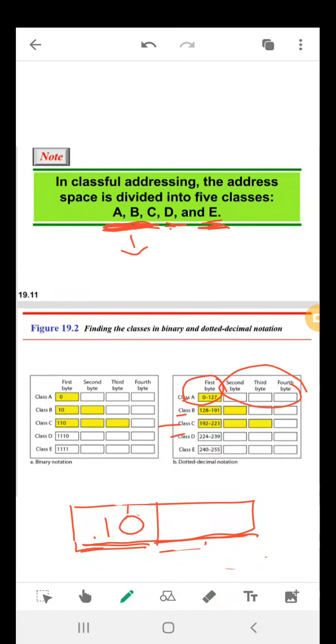If an IP address belongs to class A, then the first bit will always be 0. So we can have combinations only from the remaining 7 bits. 1 octet is equal to 8 bits, and the first bit is fixed at 0, so we are left with the remaining 7 bits that we can change.